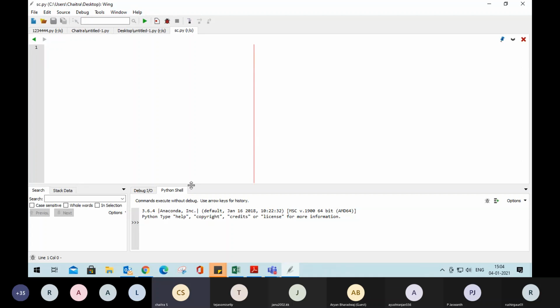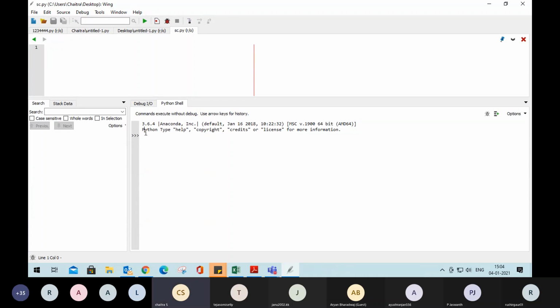Once it is open, here you just type and check 2 plus 5. Whoever has not done it, do this by tomorrow. From tomorrow we will start doing live lab sessions.